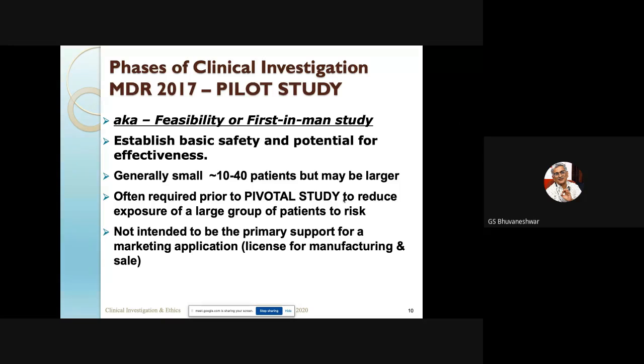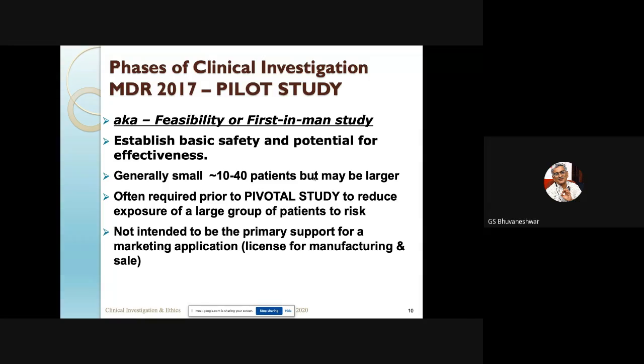It is not intended to be the primary support for a marketing application. That is, the data will not be enough to support a marketing application for getting a license or a manufacturing license for sale. Generally, because the numbers are small, it may be difficult to establish a statistical basis for the numbers.